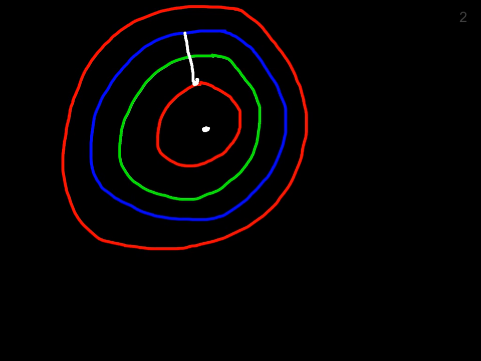Okay, electrons that originate in these lower principal energy levels have a high attraction to the nucleus. So it's going to take a lot of energy to get that electron to jump up to this point.